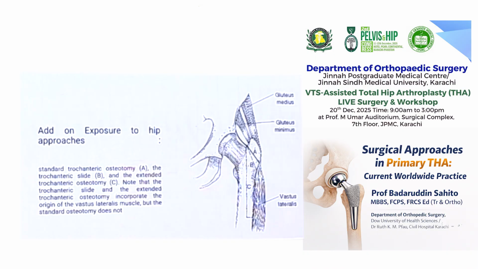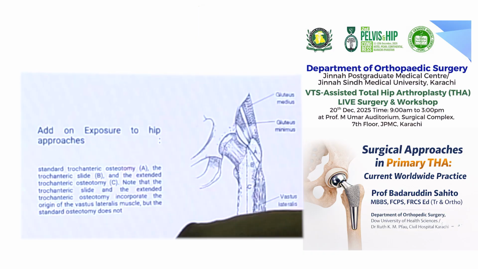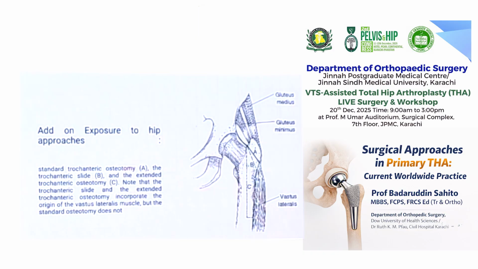Number 2, if you involve both abductors and extend up to the origin of the vastus lateralis, this is called the trochanteric slide osteotomy. And the third one is when you take all this and the proximal lateral 1/3 of the femur, only the lateral cortex. This is the ETO, extended trochanteric osteotomy. So for all 3 approaches, when you need extended exposure in revision, you can get exposure through these 3 trochanteric osteotomies.